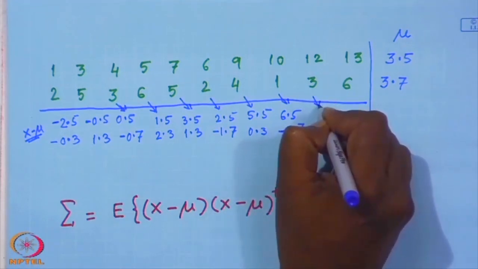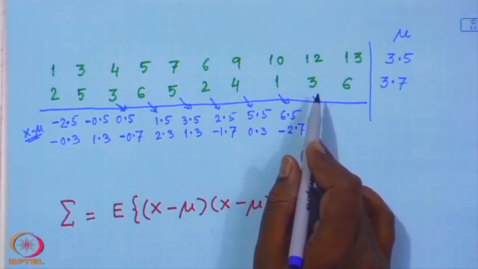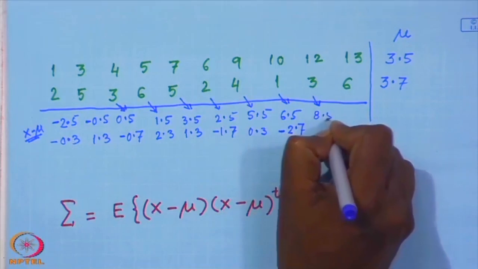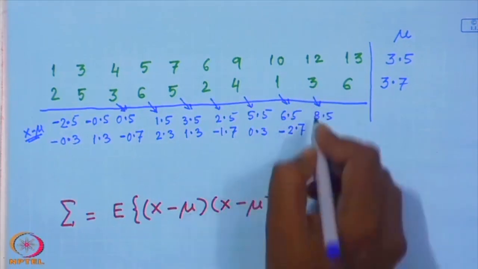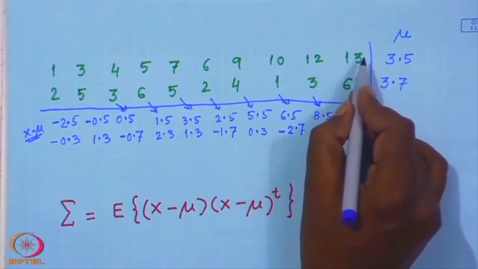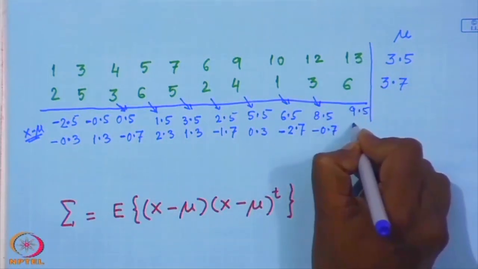For this vector, it will be 12 minus 3.5, which will be 8.5, and this is 3 minus 3.7, obviously it is minus 0.7, and for the last one, it will be 9.5 and 2.3.